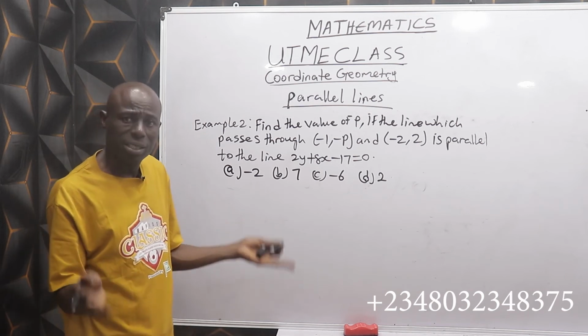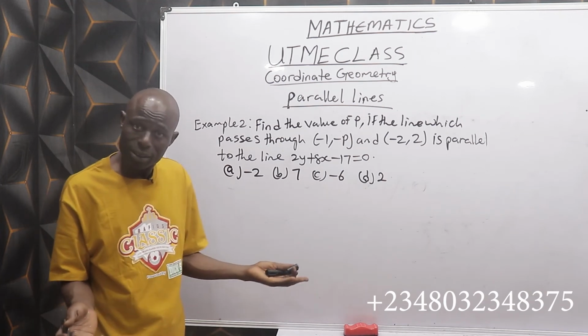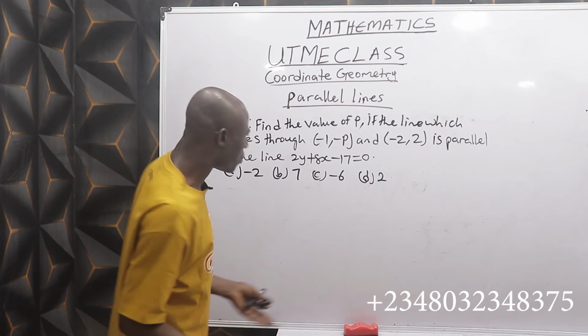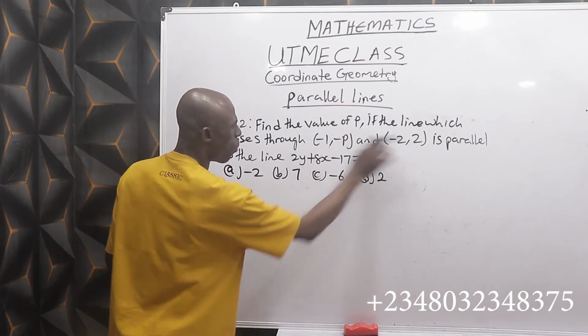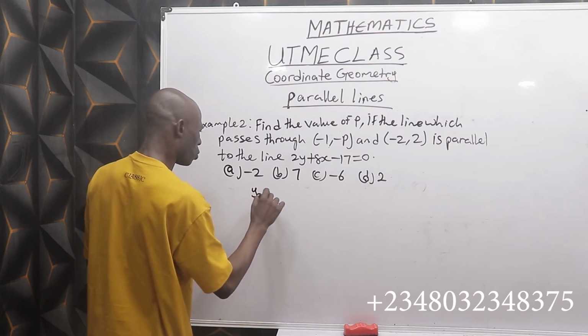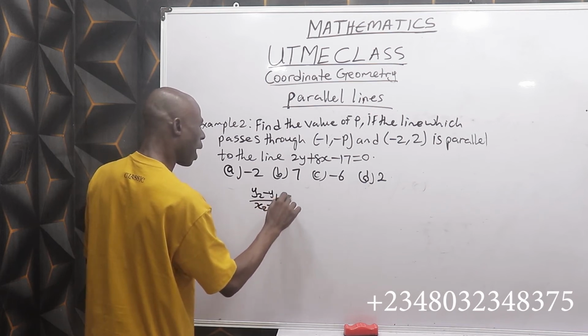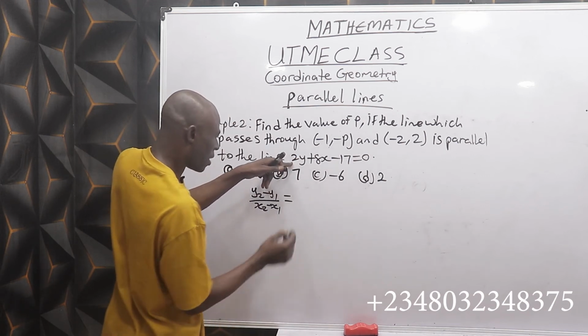What really matters is that their gradients are the same. And if so, the gradient of these 2 points is y2 minus y1 over x2 minus x1, and it must be equal to the gradient of this line.